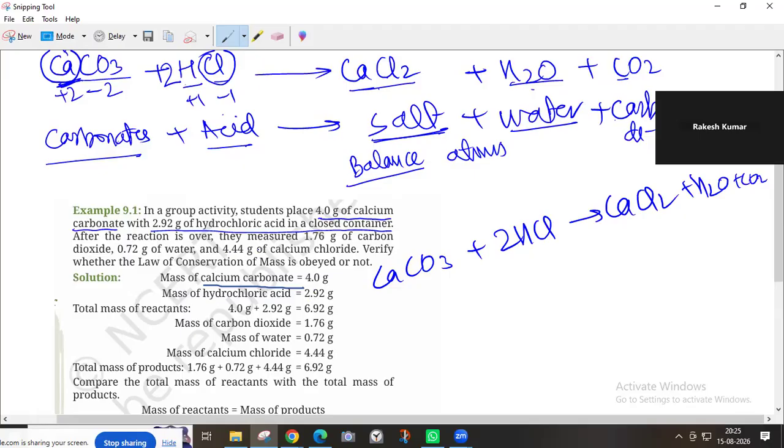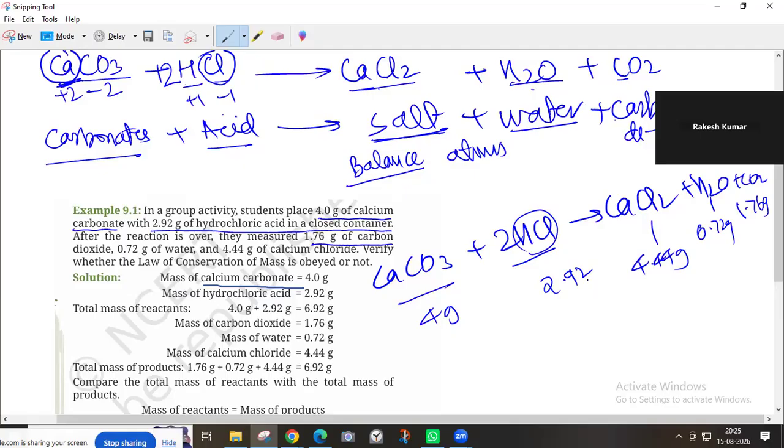After the reaction is over, they measured 1.76 carbon dioxide, 0.72 water, and 4.44 calcium chloride. And this they found was 4 grams, and this was 2.92. Now, what does 2.92 mean?